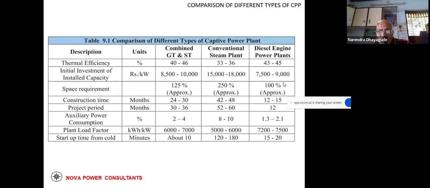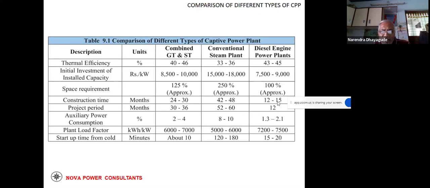But here, what we have to focus on is that the diesel engine power plants have a thermal efficiency of 43 to 45%, whereas in steam the losses are very high and efficiency is less. Here the initial investment is also less for diesel engines. Space requirement is comparatively less than the other two.